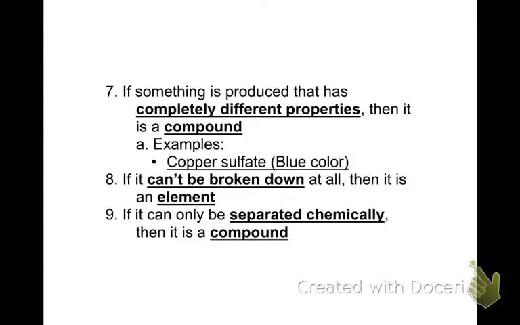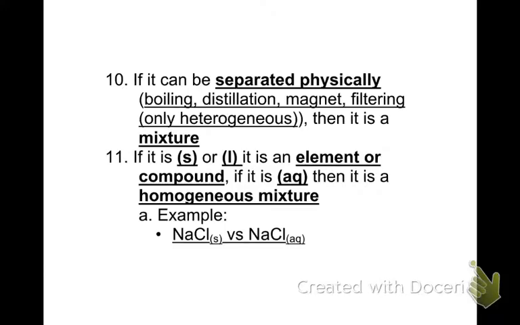If we take a look at the next thing, if it can be separated physically, in other words, separated through boiling or distillation or using a magnet or filtering, of course filtering only applies to heterogeneous mixtures, then it's a mixture. In other words, if you physically put it together, you can physically separate it.